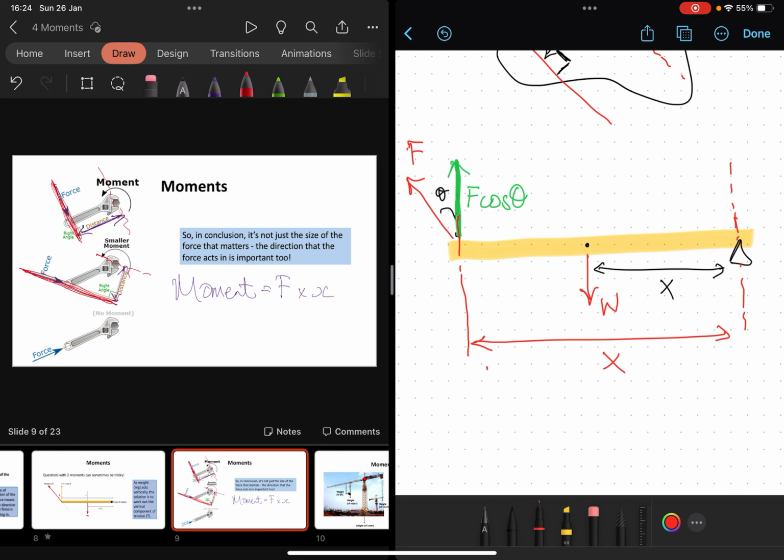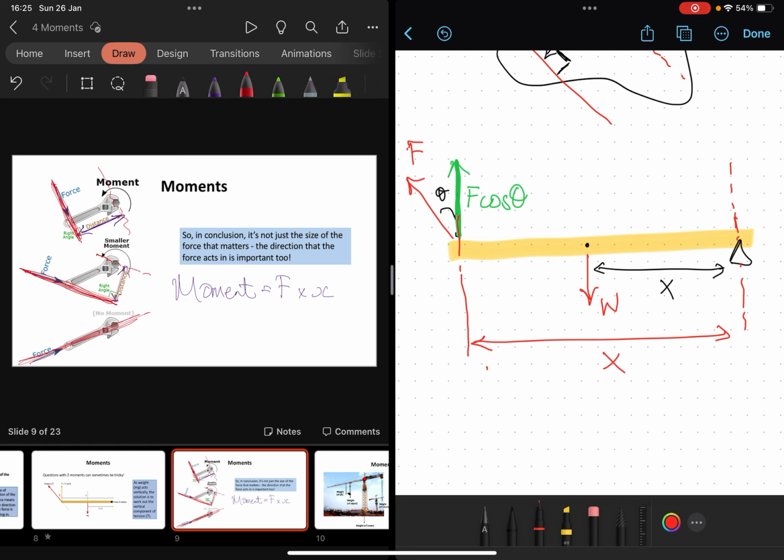So in other words, if you want to maximize the turning effect, apply that force at right angles to the wrench and not at some angle. And obviously, applying it parallel to the wrench would provide no moment at all, okay? Because you cannot draw a perpendicular distance between the force and the pivot because the force is acting parallel to the wrench.